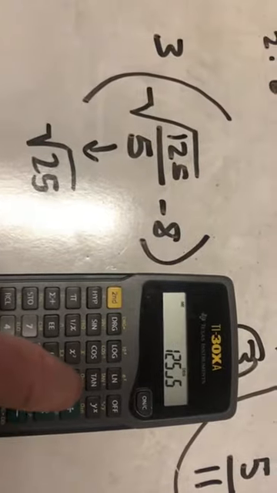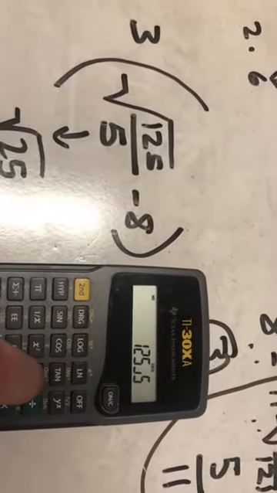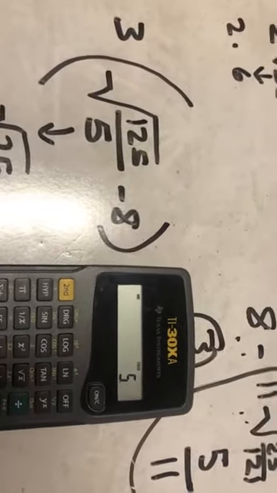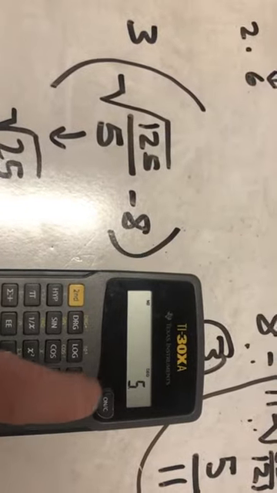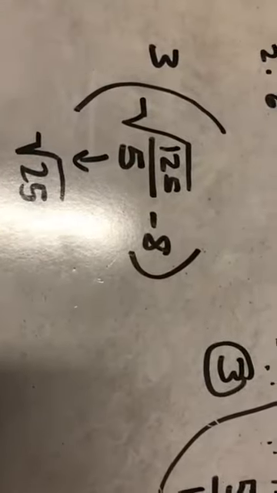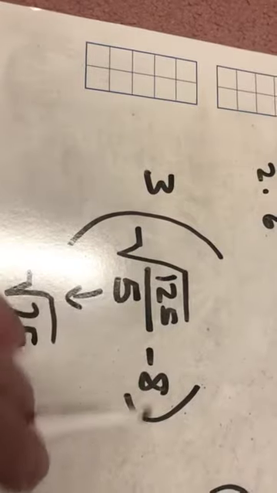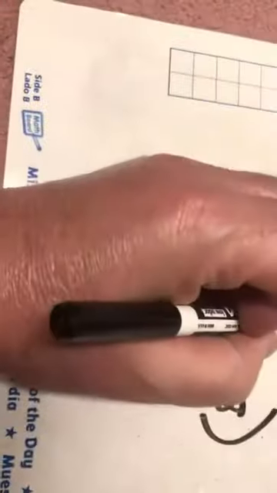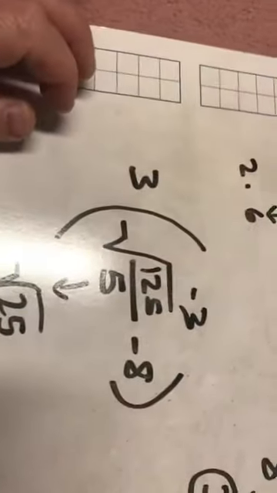You can see I don't do square roots on this calculator very often, but it should just give me 5, as it did. Okay? I didn't think it would give me some 5.0000 whatever. So it should just say 5. So it's 5 minus 8. Now 5 minus 8 is negative 3.